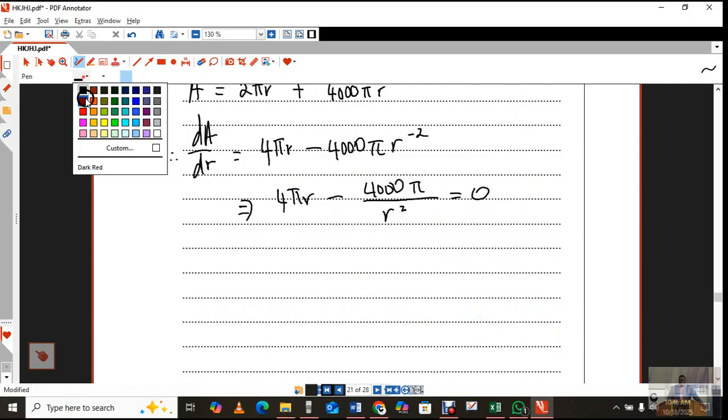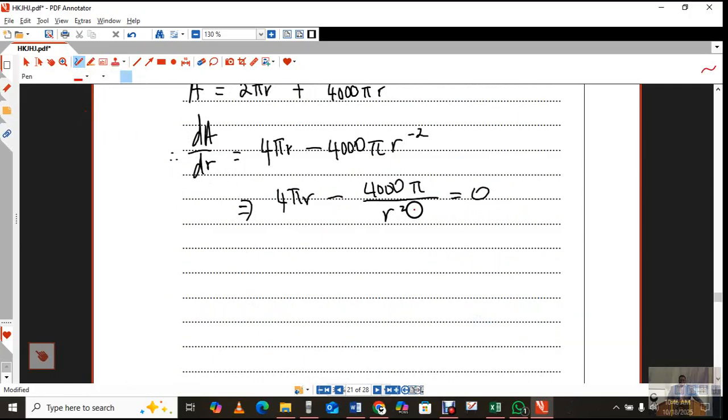Now, how do I solve this? First, you can multiply throughout by r squared. That means you multiply this term by r squared, you multiply this term by r squared, and you multiply here by r squared as well. These will cancel. This is going to leave you with 4 pi r cubed minus 4,000 pi, and then you have 0, because 0 times anything is just 0. Remember we are trying to find the value of r here.